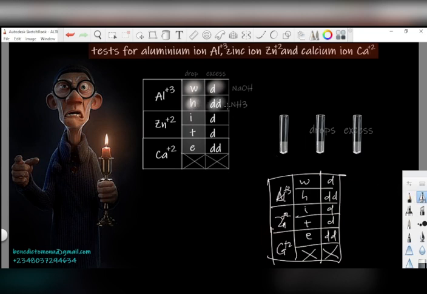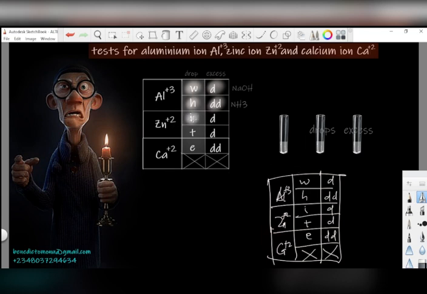This part explains that if I add excess ammonia, the precipitate does not dissolve. Let me go one more time over the next one.